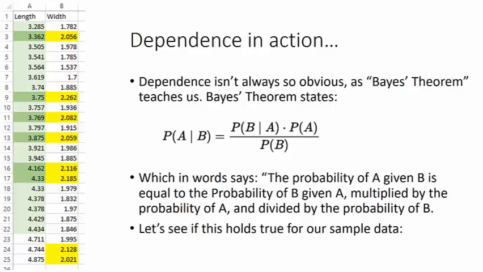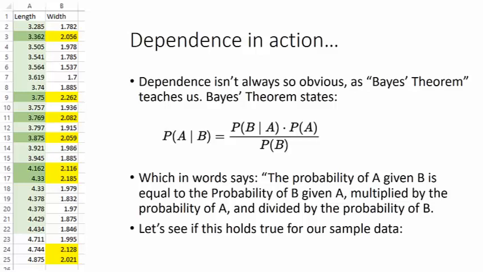The probability of A given B is equal to the probability of B given A multiplied by the probability of A, all divided by the probability of B. That seems kind of weird, but there are proofs for that, and I'll leave it for your own research to look at how that's proved. But it all has to do with counting things. The proof has to do with literally counting how many of these events take place.